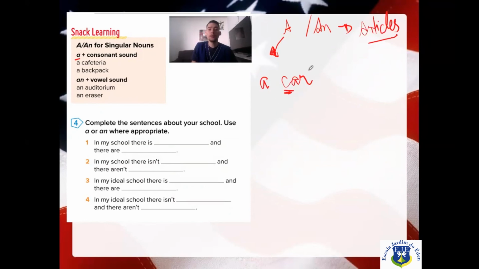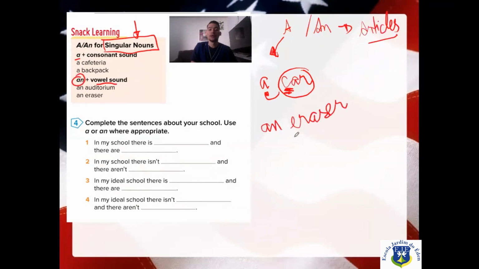So if the word starts in a consonant, we are going to put a car. Okay, a car. Just in singular. Okay, just in singular. We can't use it for plural, only for singular nouns, okay? So, singular. So, a car, and with a vowel sound, we are going to use an. Example, an eraser. So, these words start in a vowel sound.